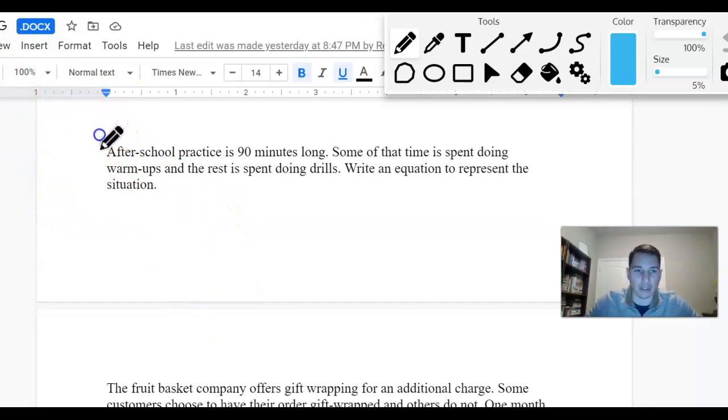I quickly want to review this question with you, and that is writing our two related and unknown quantities would be the time spent in warm-ups and the time spent doing drills. What we know is that we spent 90 minutes in all. So again, you can use that W plus D equals 90.